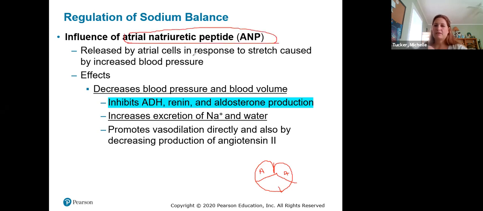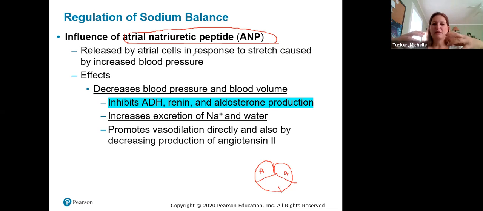When the atrial cells get stretched, so remember, ventricular cells are always getting stretched as they fill. So this would not be a good place to have this sensor. But the atria usually have most of their passive filling and then they contract. So if the atria are getting stretched, that's a signal that blood pressure is too high.